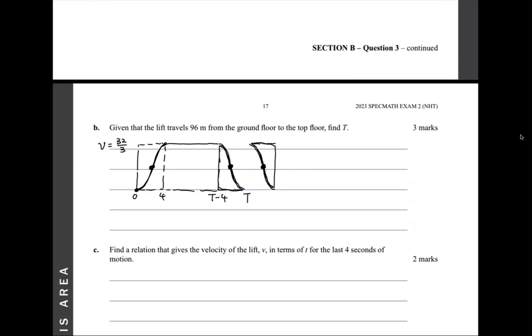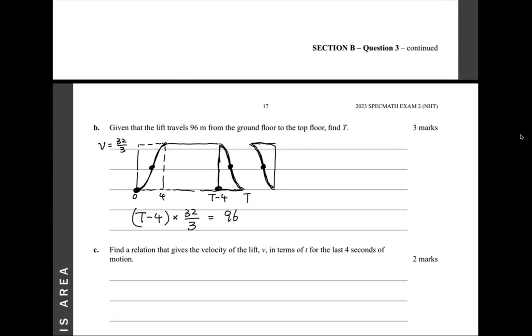32 over 3. So you could argue that t minus 4, from here to here, is the length of the rectangle. We are actually looking at the area of the rectangle times the velocity 32 over 3 equals 96.